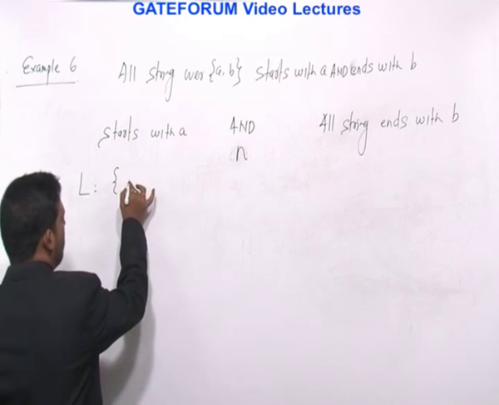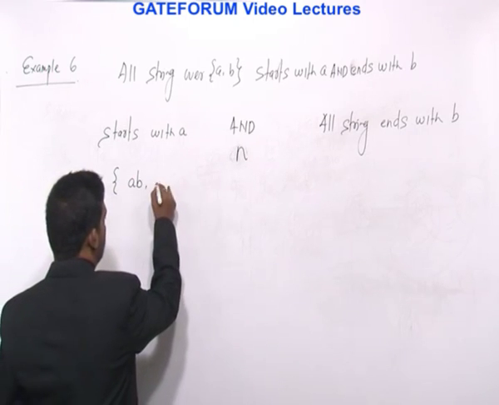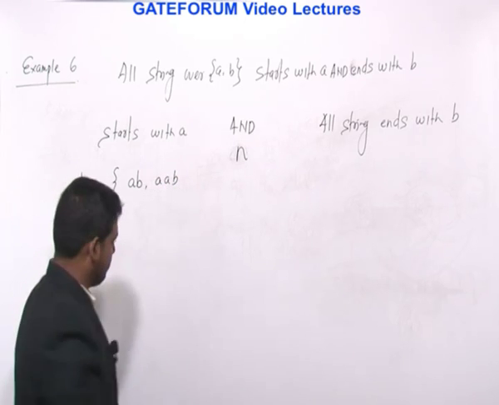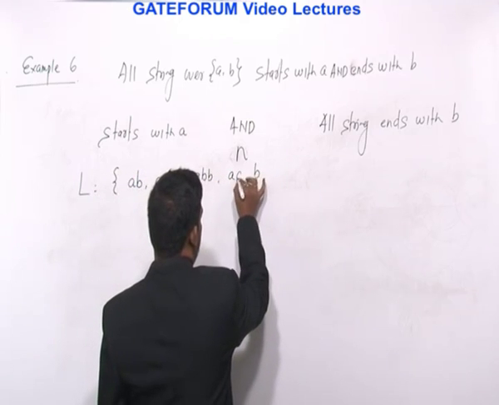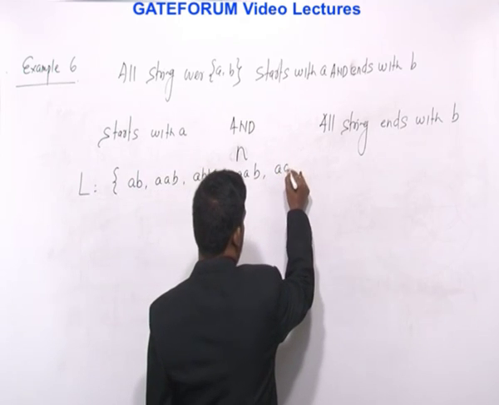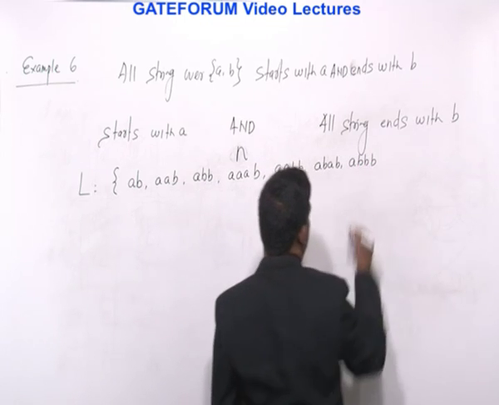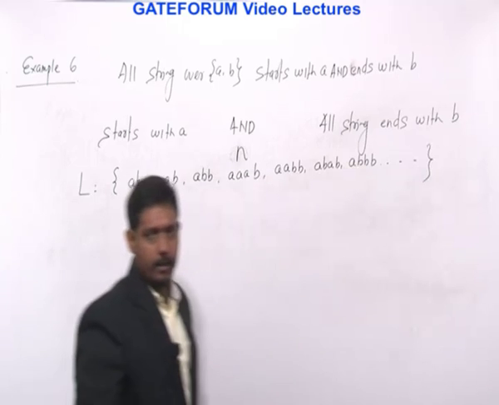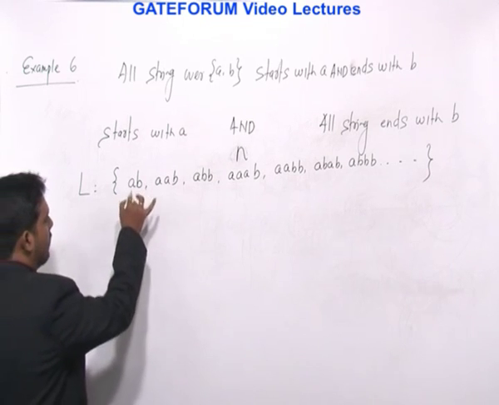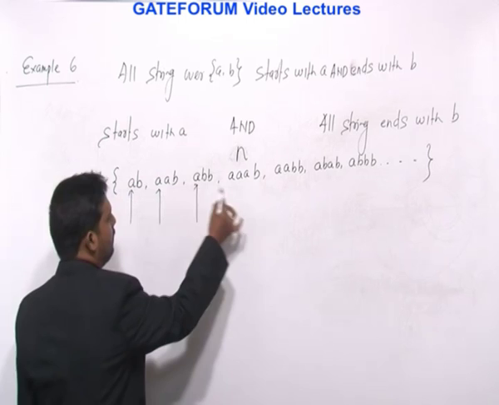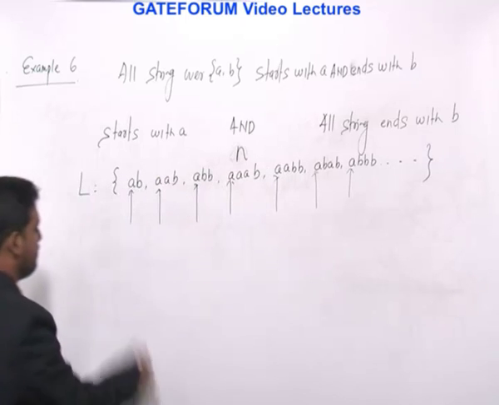Starting will be strictly A and ending will be strictly B. So AB, then AAB, ABB, the middle part can be anything: AAAB, BAB, ABBB. Starting alphabet will be strictly A, and the ending alphabet will be B. In all the strings that I have written, none begins with B; the first symbol is A.